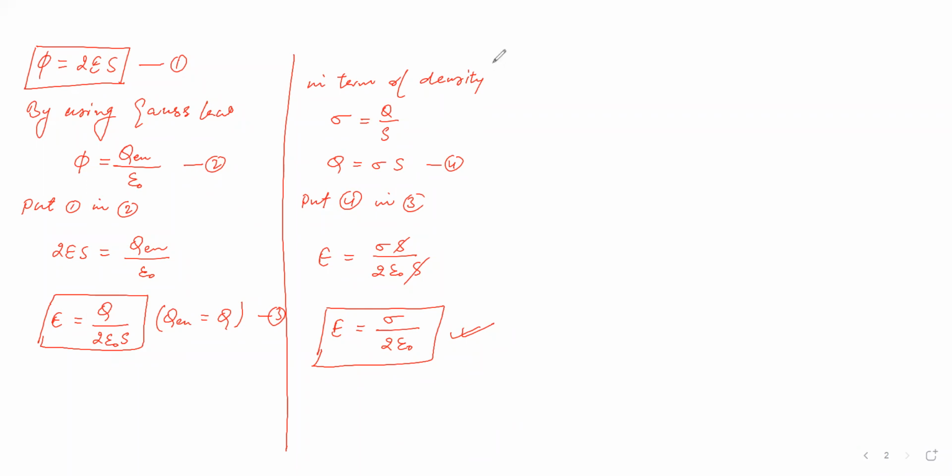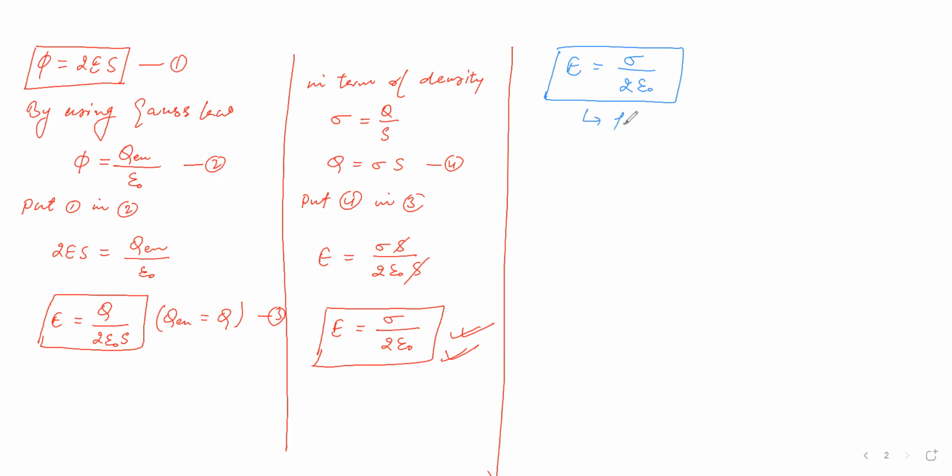And now in the next, once again, I'm going to take this equation. In this equation, we have E is equal to sigma over 2 epsilon naught. All of you can see that this equation is independent of R. R in the sense position.